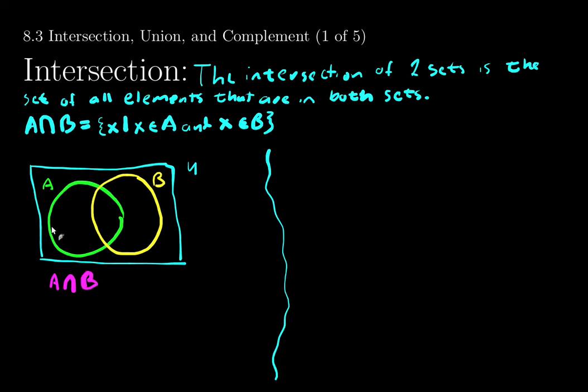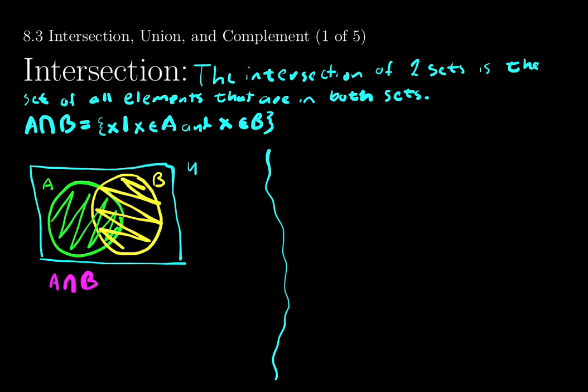Everything in this circle is what is in set A. Everything in this yellow circle is what is in set B.